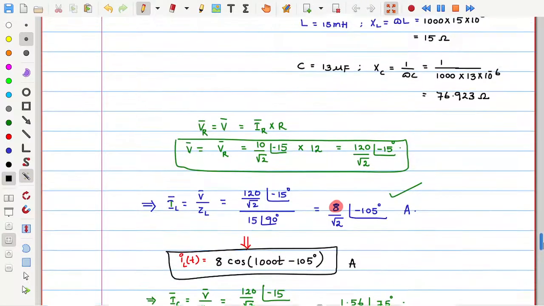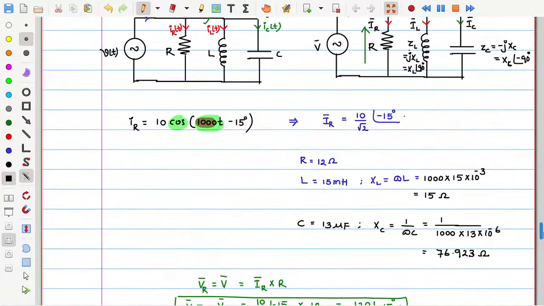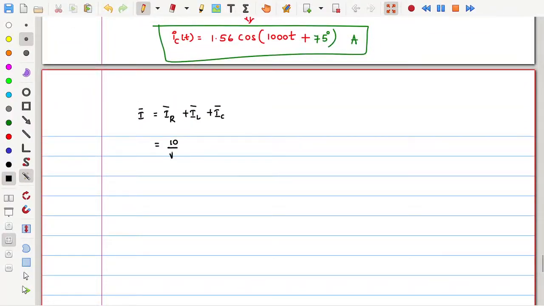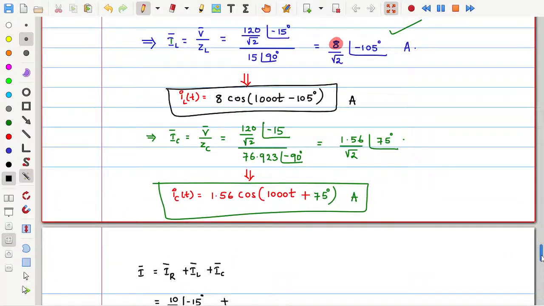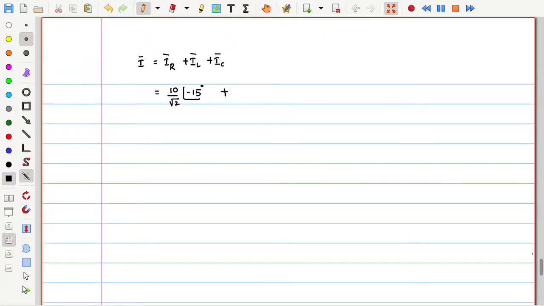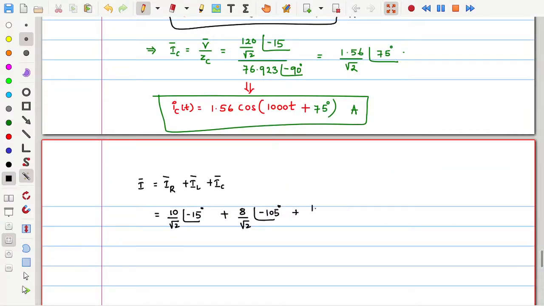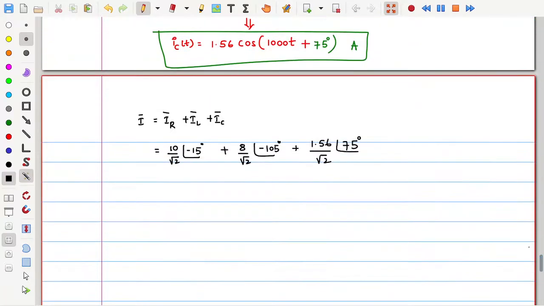IR is given as 10 by root 2 at an angle minus 15, plus how much is IL? IL is 8 by root 2 at an angle minus 105, plus IC, 1.56 by root 2 at an angle 75. So you can take 1 by root 2 common.